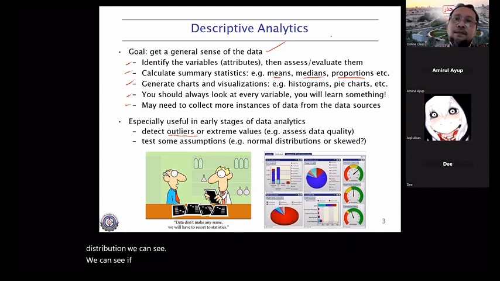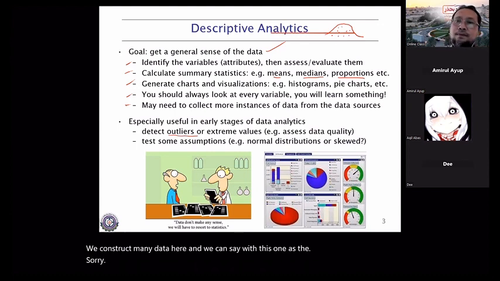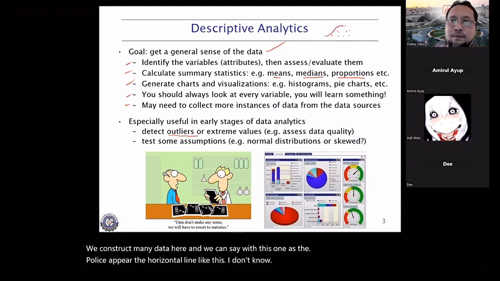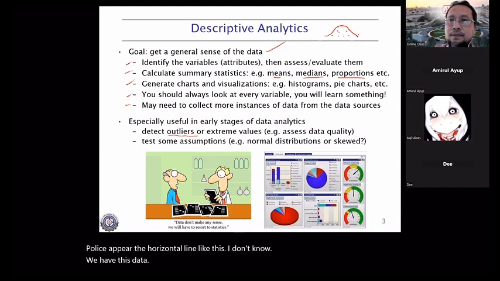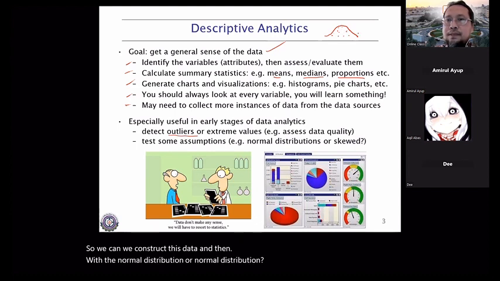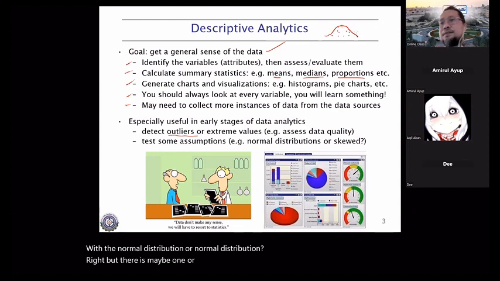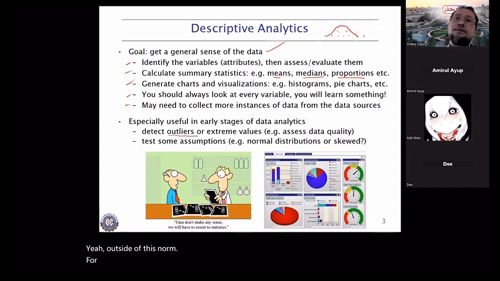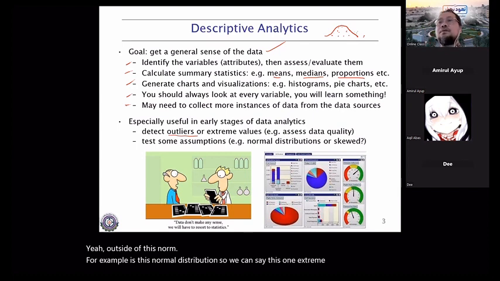If we have many data points, we construct them and build the normal distribution. But there may be one or two data points outside of this norm. So we can say this is an extreme value, or extreme values, or outliers.